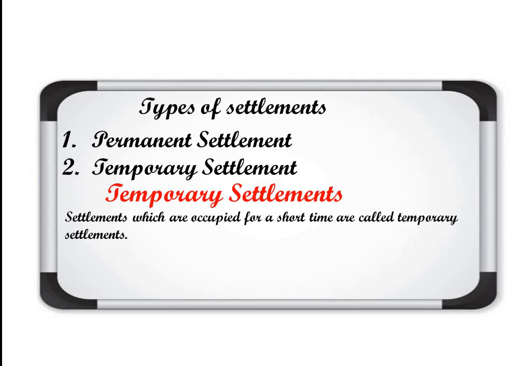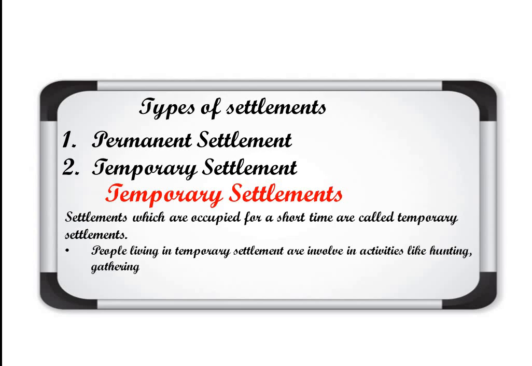Means the place that is used by people for a short time for living there is known as a temporary settlement. And the people living in temporary settlements are involved in activities like hunting, gathering, shifting cultivation, and transhumance. Transhumance means seasonal movement of the people with their animals from one place to another.